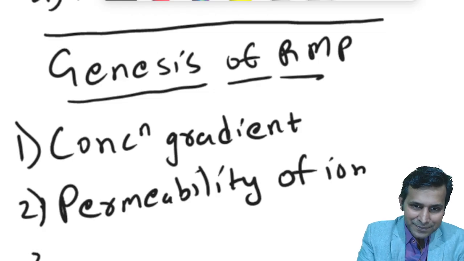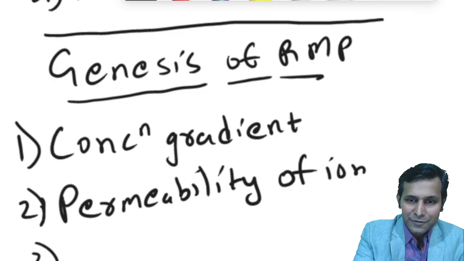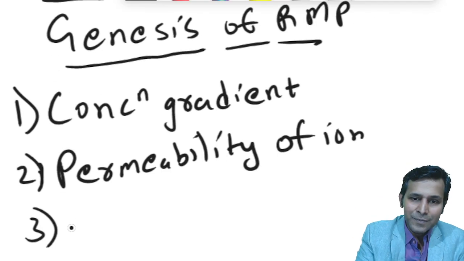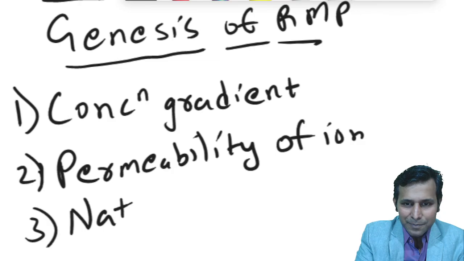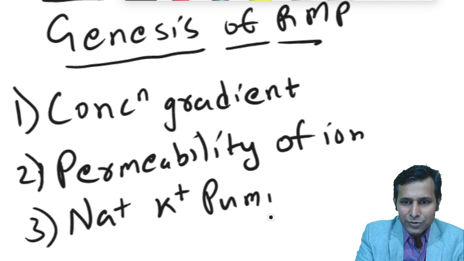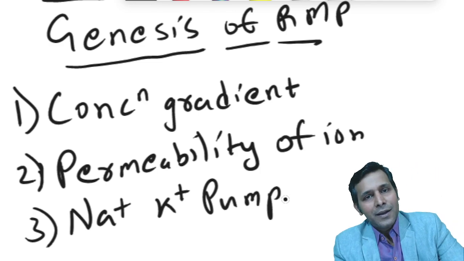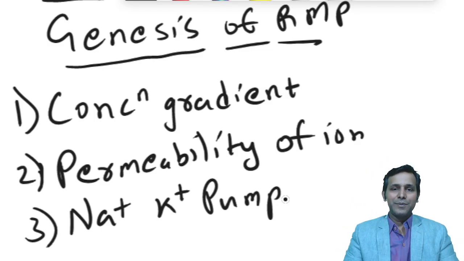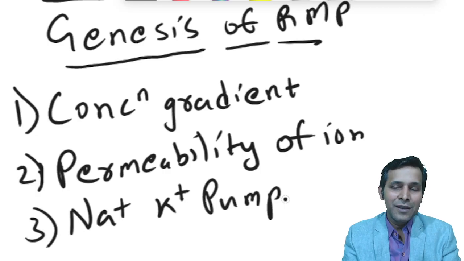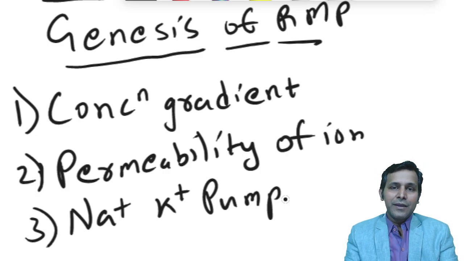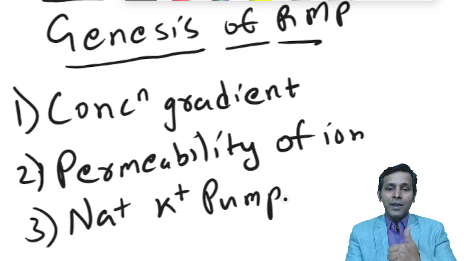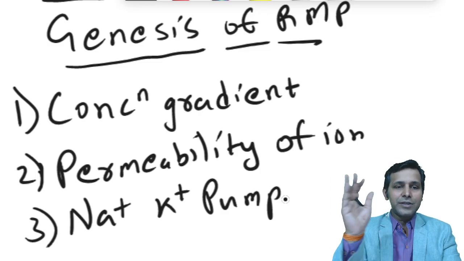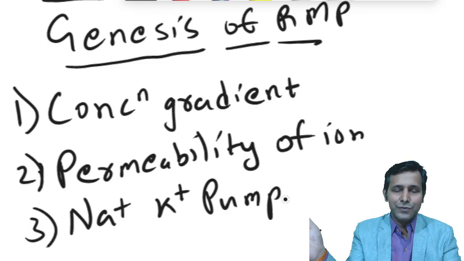And the third factor, which is inseparable and plays a very key role here, is the sodium potassium pump. The activity of the sodium potassium pump plays a crucial role in the generation and maintenance of RMP. So remember, there are three important factors. Number one, concentration gradient of the ions across the membrane, because ions do move: sodium ions, potassium ions, chloride ions.